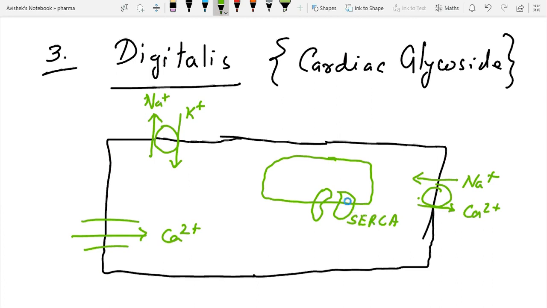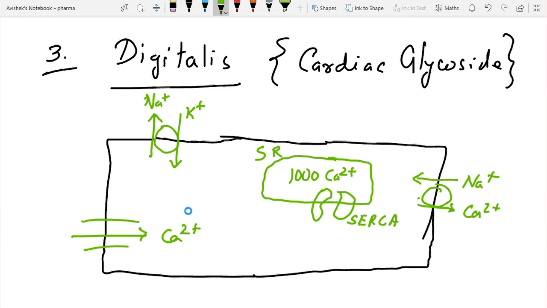What it does, this sarcoplasmic reticulum, they have thousands and thousands of calcium.